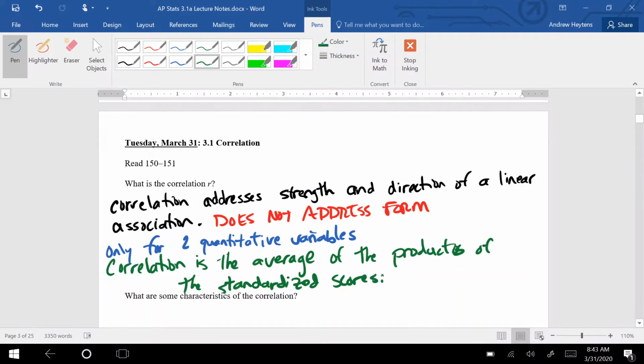So we can use correlation, or our R value, to talk about strength and direction. We can never use correlation to talk about form, and it is the average of the products of the standardized scores.